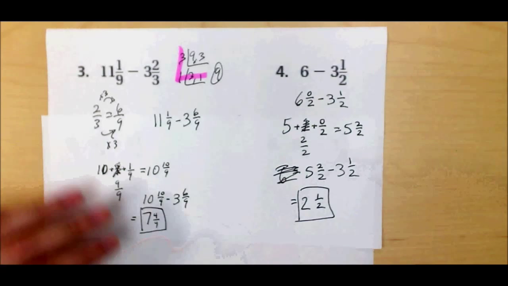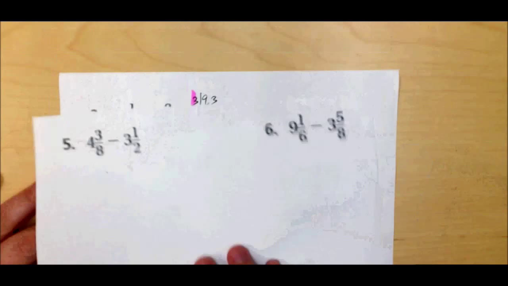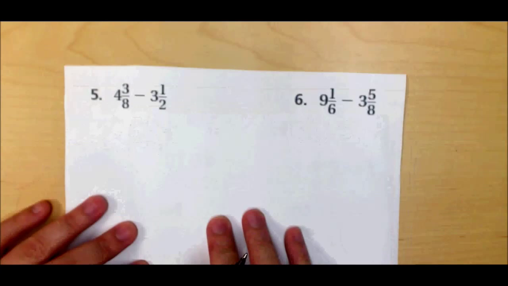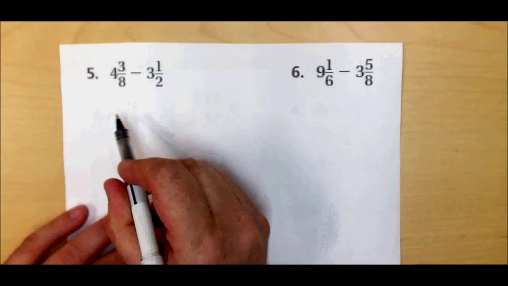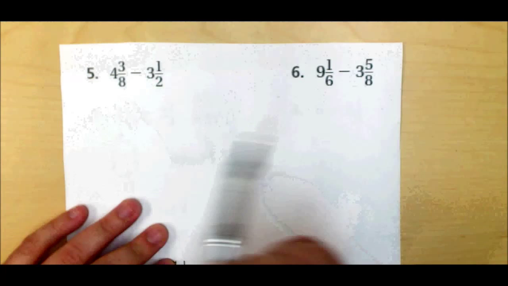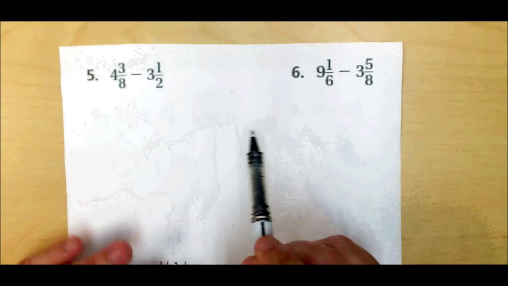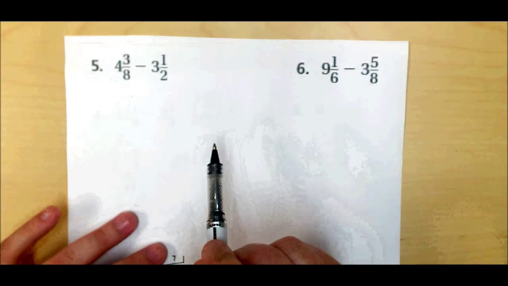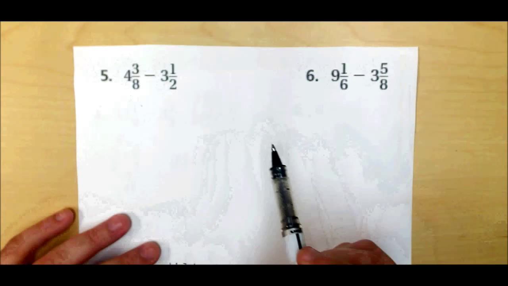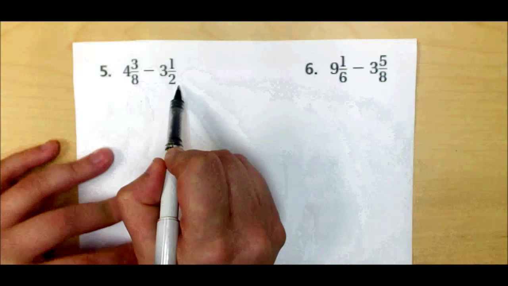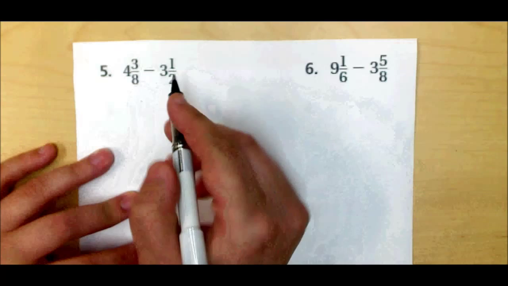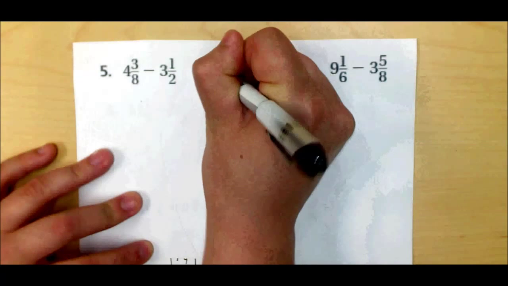Okay? I'm going to show another way in which you just change these mixed numbers into improper fractions right off the bat, and then subtract them. A lot of kids call this the jelly bean method, from a way they learned of doing that last year. But I still need these to be the same denominator. So I'm going to find the least common denominator of 2 and 8.